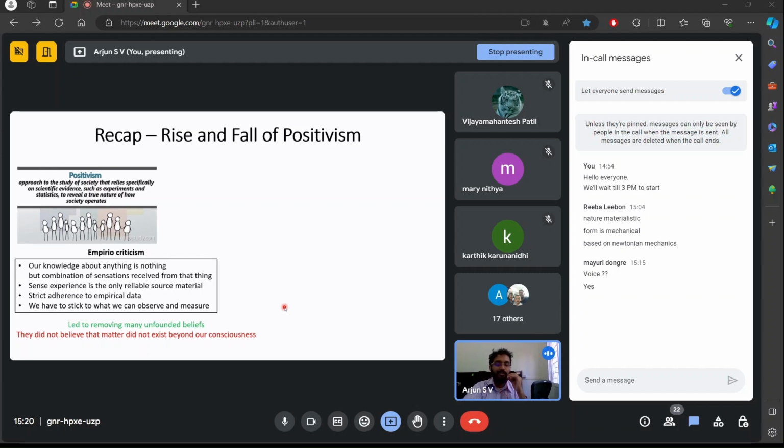Through the viewpoint of empiriocriticism, you can't study ghosts, because you can't observe or measure their activity. Therefore it led to the removal of many unfounded beliefs, and this almost buried the thought of idealists.